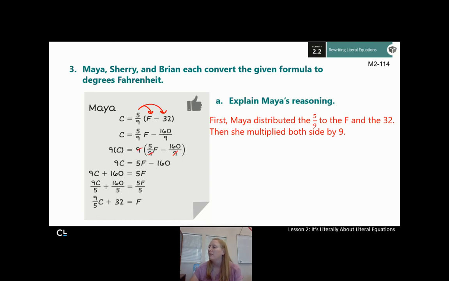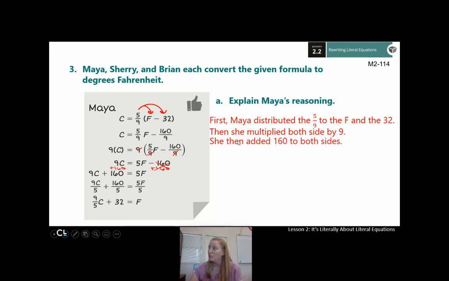So she just has 5F minus 160. It looks like she then added 160 to both sides, right? So if we do plus 160 plus 160, you get 9C plus 160, and those cancel out. So we have 5F.